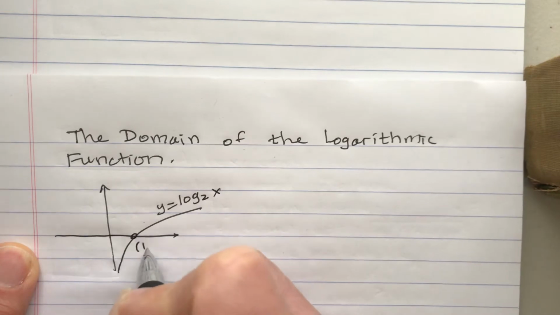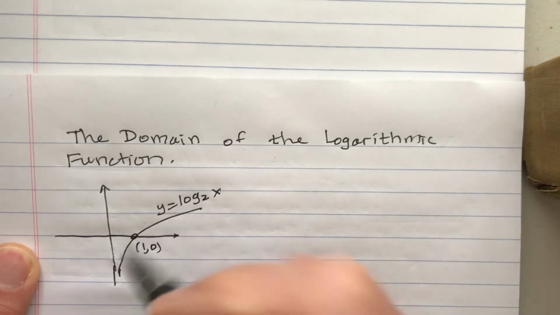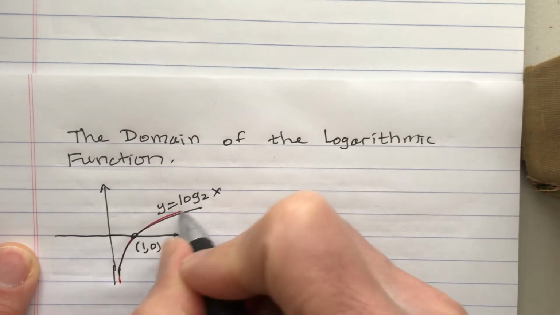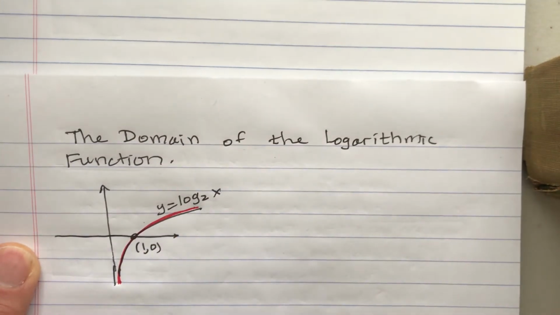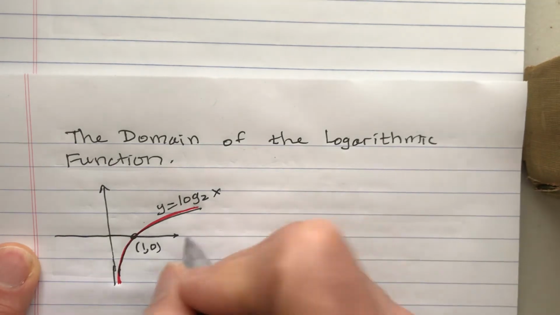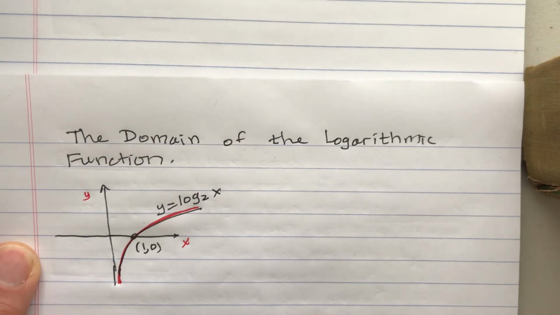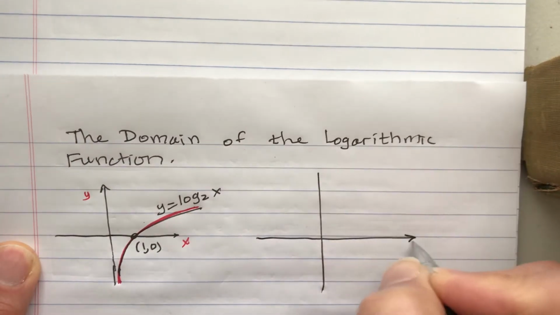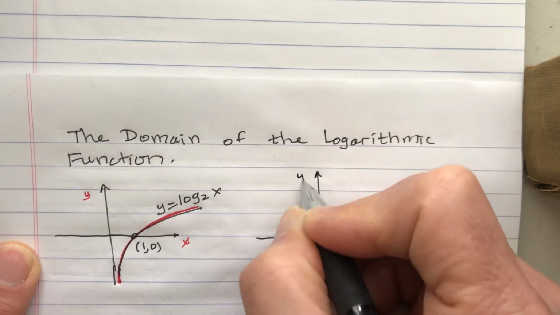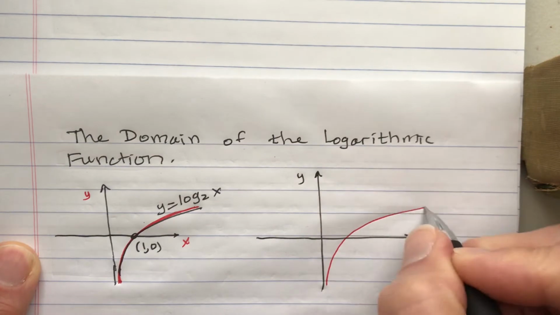And then I am going to roughly recreate that over here. And I did say that if I change the base from 2 to any other positive number, the graph will look very similar in a lot of ways.